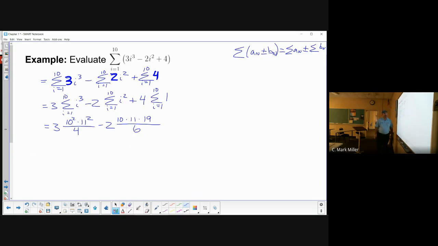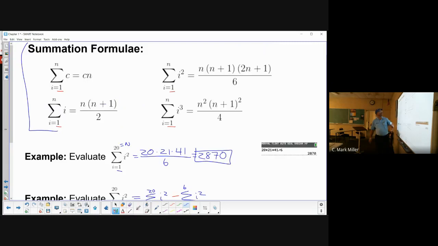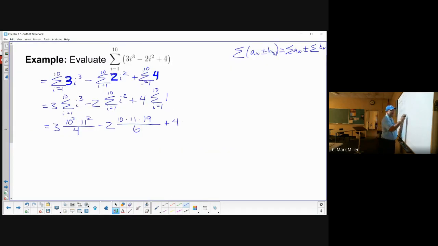And that's going to be interesting because none of those factors on the top are divisible by 3, so we're going to have a fraction there. And then the sum is going to be plus 4 times the sum of 1, 10 times. It's n. If you add 1 ten times, you get 10.